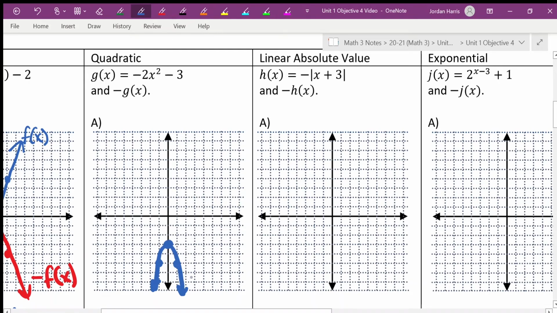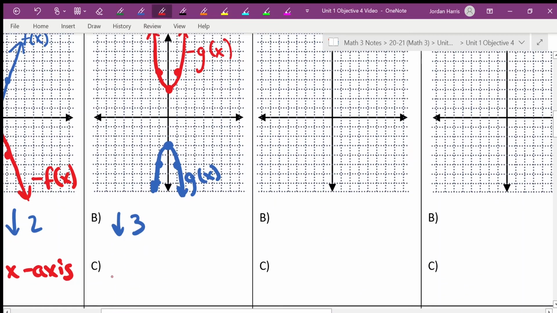Okay, so that is g of x. The negative is in front again, so that means I reflect across the x-axis. So 1, 2, 3 below, 1, 2, 3 above. And this one's 5 below, 5 above, and then I know it's a mirror, so I don't really need to count that one. And you have the reflection, negative g of x.